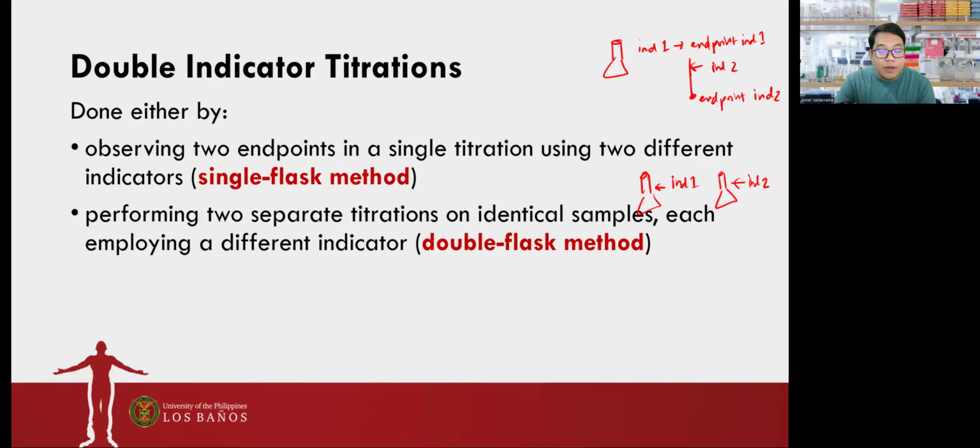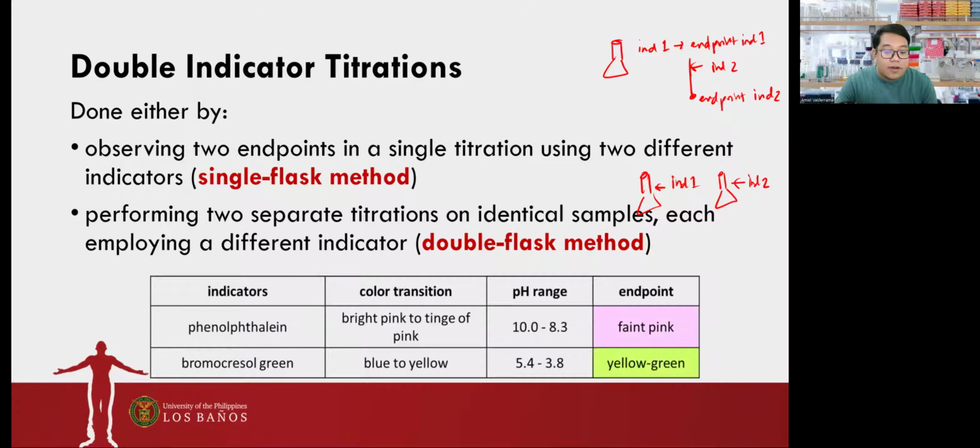Okay? So in double indicator titration, we'll be using two indicators in the form of phenolphthalein and bromcresol green. Okay, so yung color transition natin for phenolphthalein is from bright pink to faint pink. So bakit tayo mag-start sa pink? Because ang ating pH transition is from alkali to neutral.